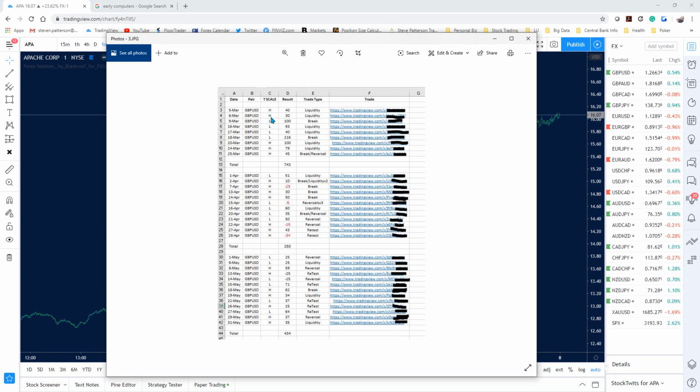There's one other small thing here called the T-scale that I use, but it was really nothing other or different than just pure structure. And here you have the results. So in March it made 743 pips, in April it made 250 pips, and in May it made 434 pips.